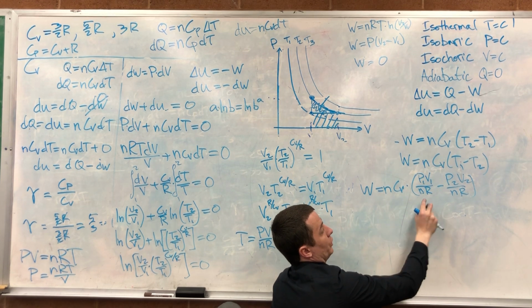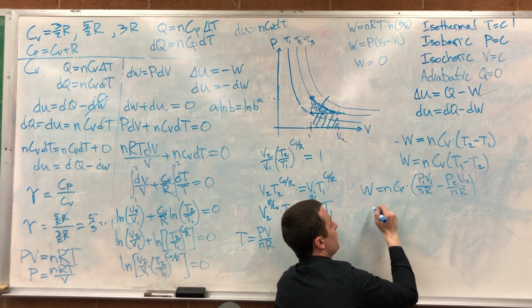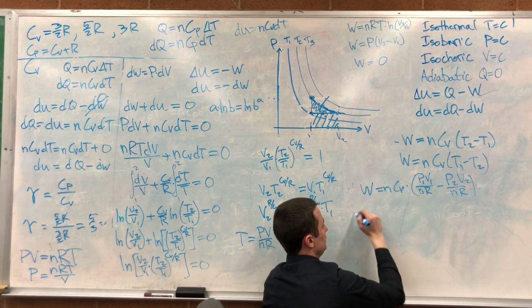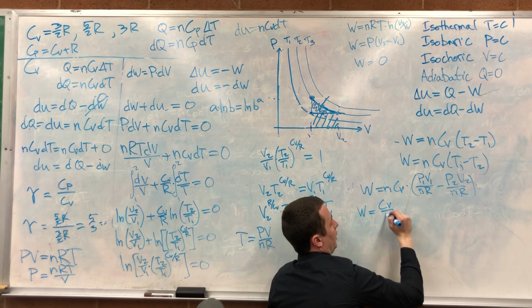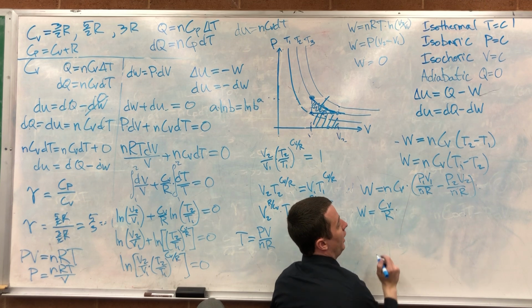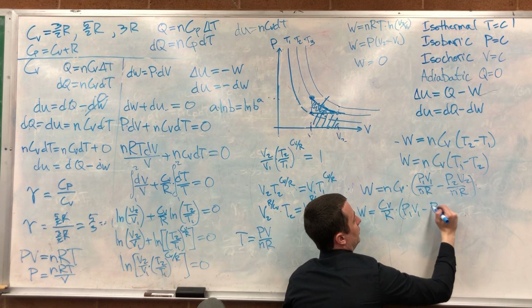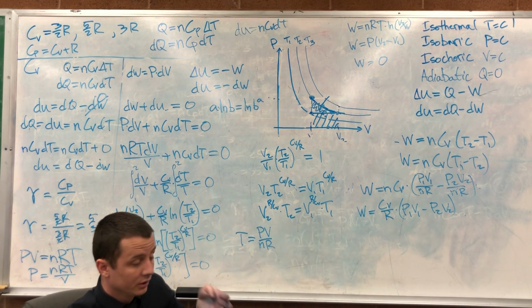Factor out the NR from both. The N's cancel out, notice that, so we pull out the R. So we get work is equal to CV over R times P1 V1 minus P2 V2. And there's another way we can get work.